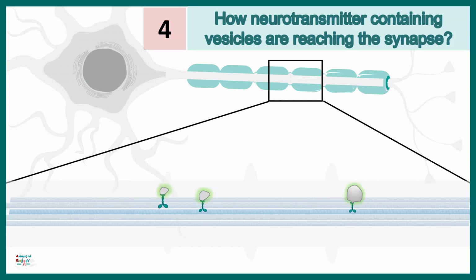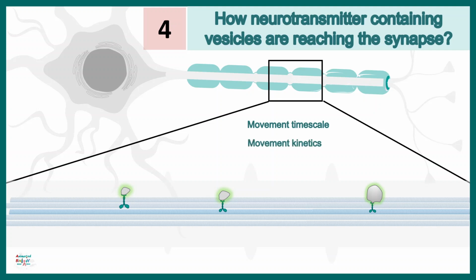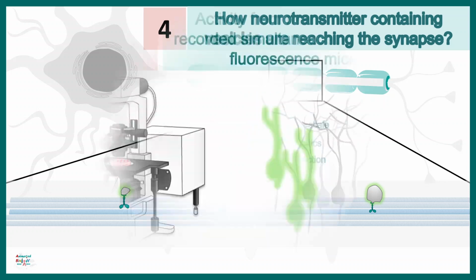So this motion of vesicles can be detected using fluorescence microscopy. For example, scientists can quantify the movement time scale, the movement kinetics, the movement direction, whether the vesicles are moving in an anterograde direction or a retrograde direction. So all these can be done using fluorescence microscopy.